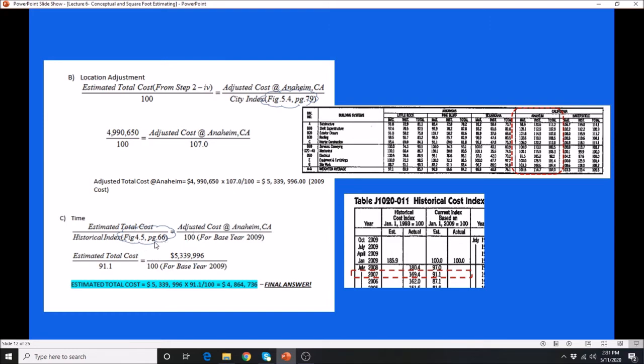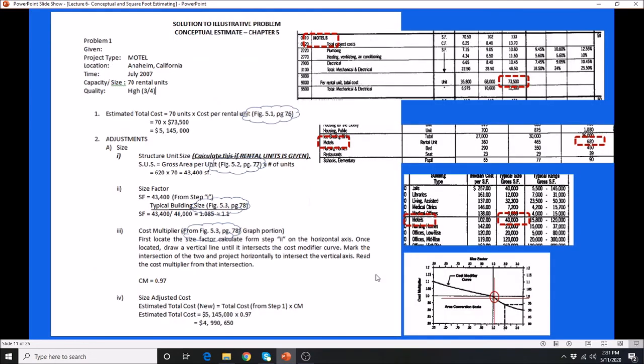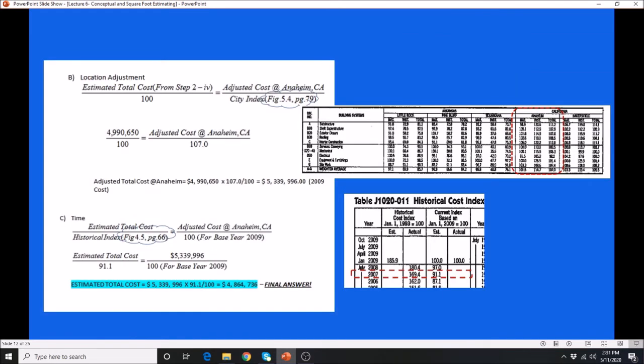So we have here 2007, because that is what we are asked to calculate. See here, July 2007. So that will give you 91.1, here.